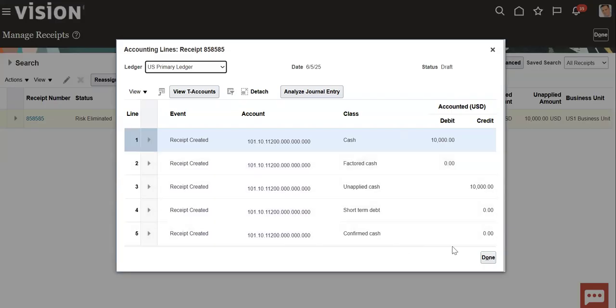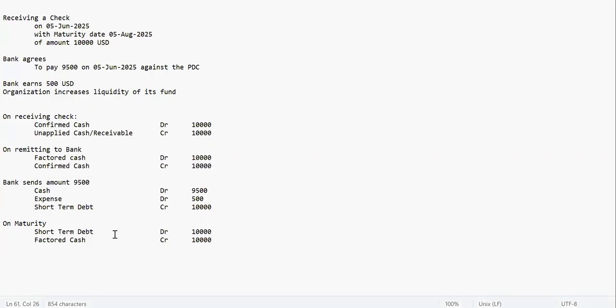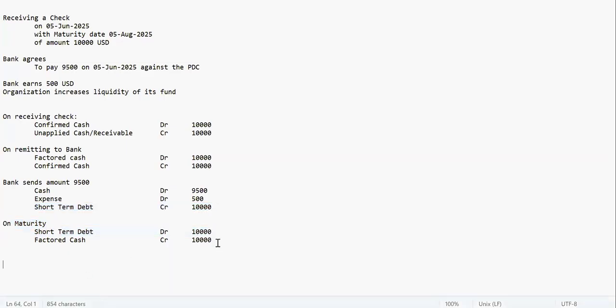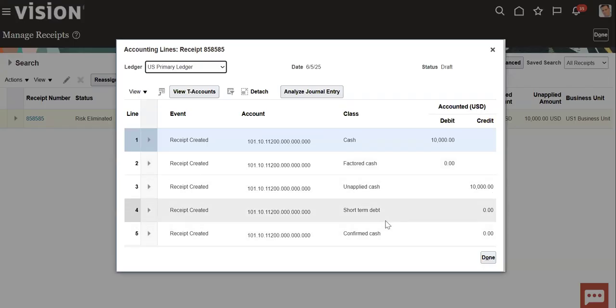Yes, factored cash becomes zero because it sums up everything, and short-term debt also becomes zero, because this and this got set off. The system did create this accounting entry, but since the total is zero, that's what it shows.